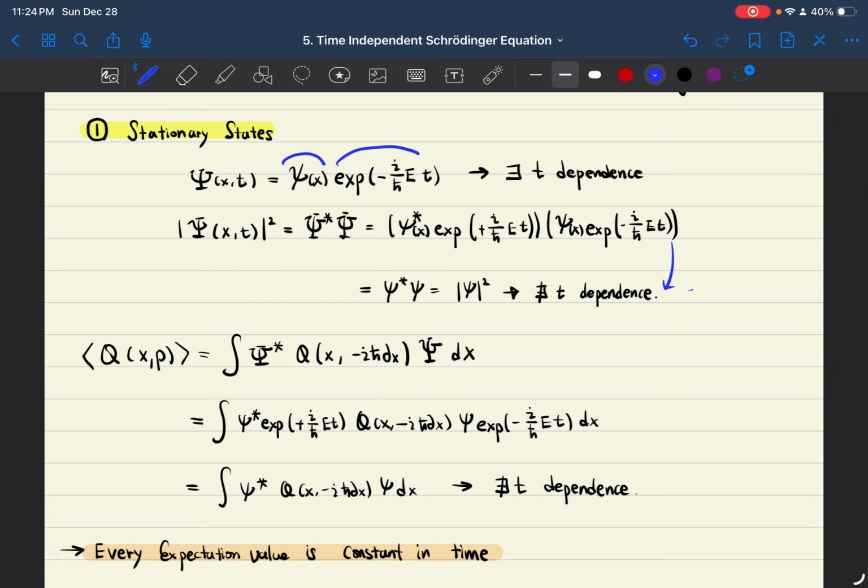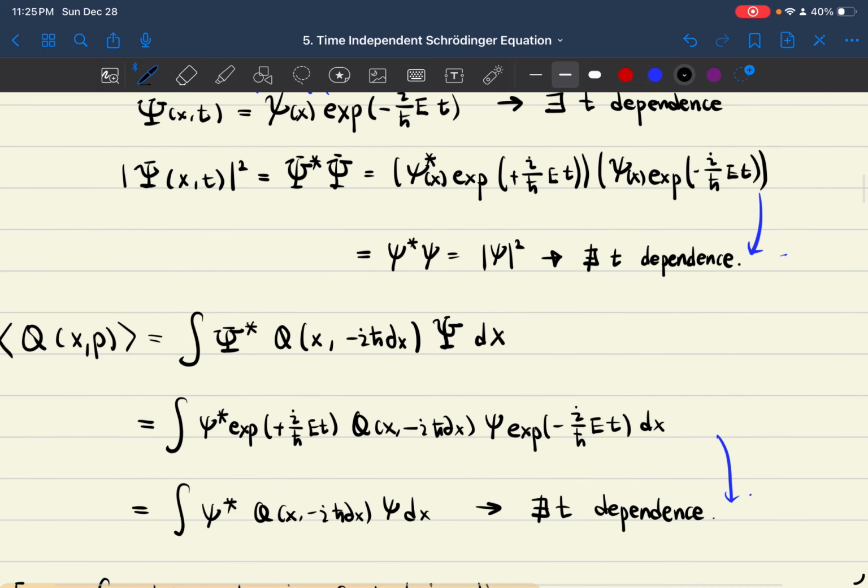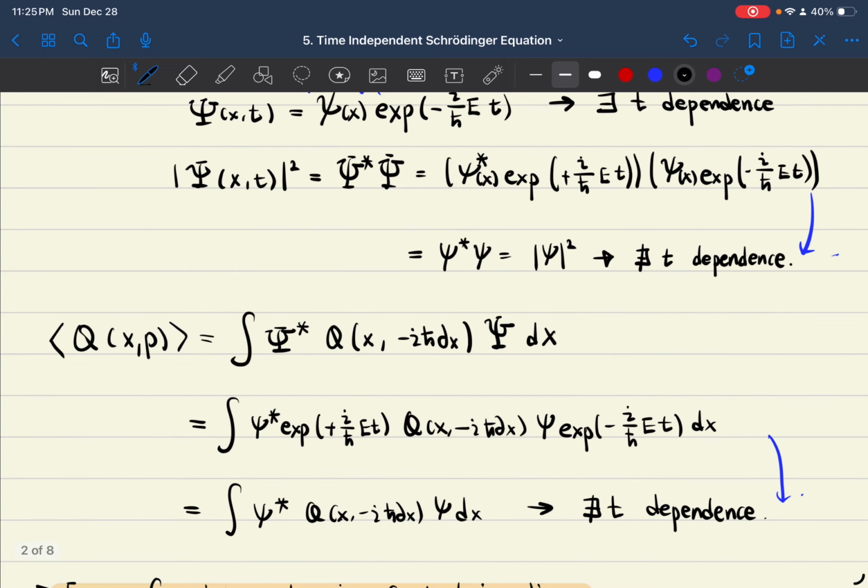Likewise, any quantity has no time dependence when it comes to the expectation value, since the expectation value is by definition calculated by this sandwich method, with Q living between the bread: the integral of psi conjugate, Q, psi dx.